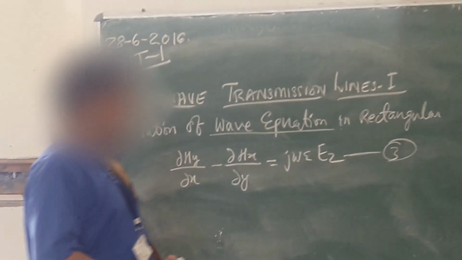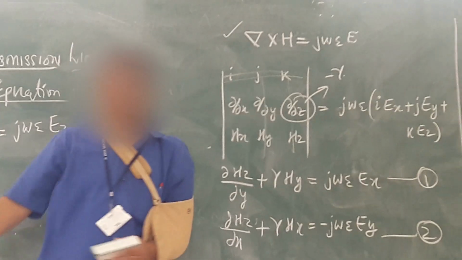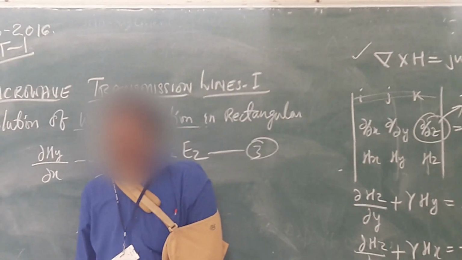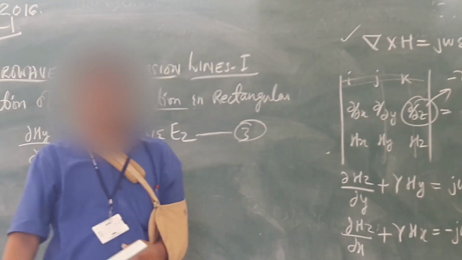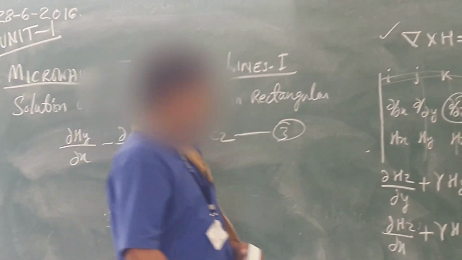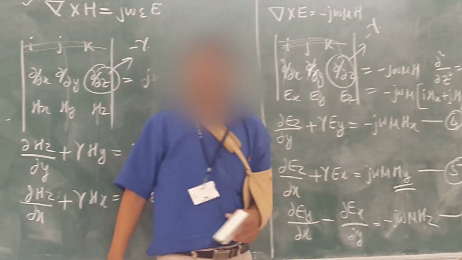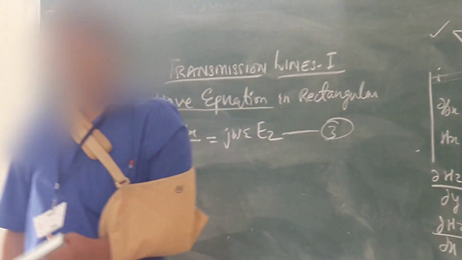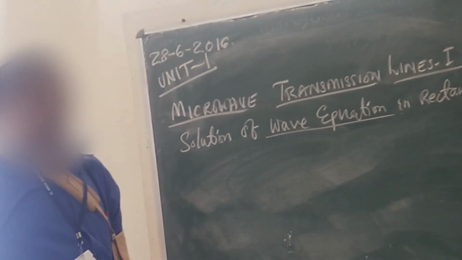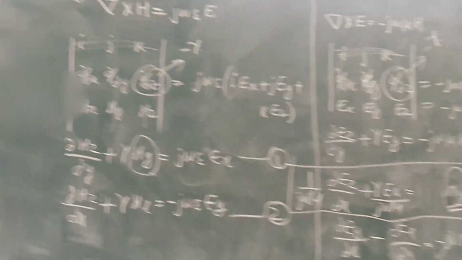So you start with your equation 5. In your equation 5, keep your Hy component on one side and the remaining parameters on the other side. Solve it. From your fifth equation, substitute it in your equation number 1.